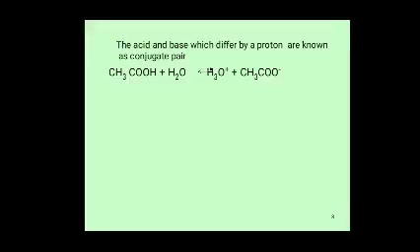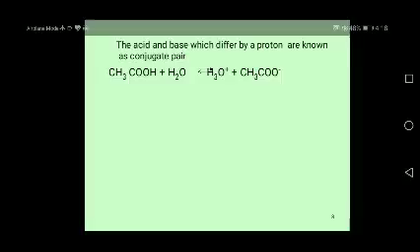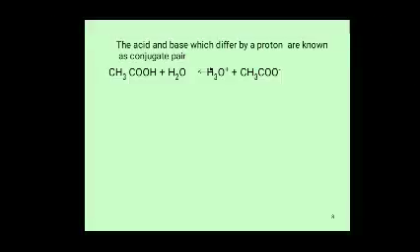Acetic acid and the acetate ion base differ by only one H+. H3O+ is the acid and H2O is the base. These differ by only one proton, so they are called conjugate acid-base pairs.